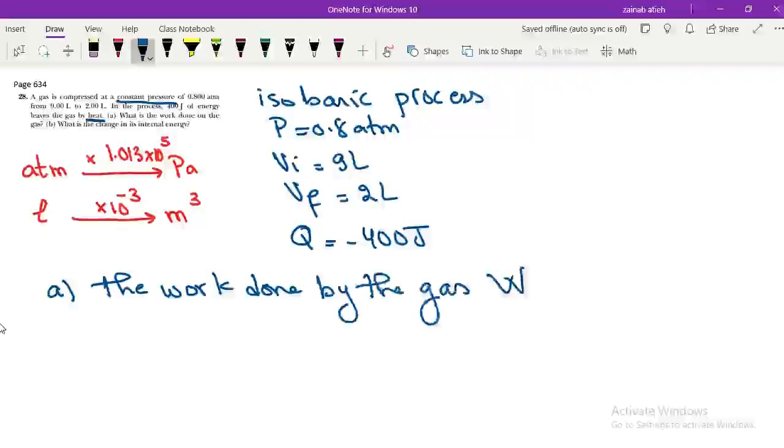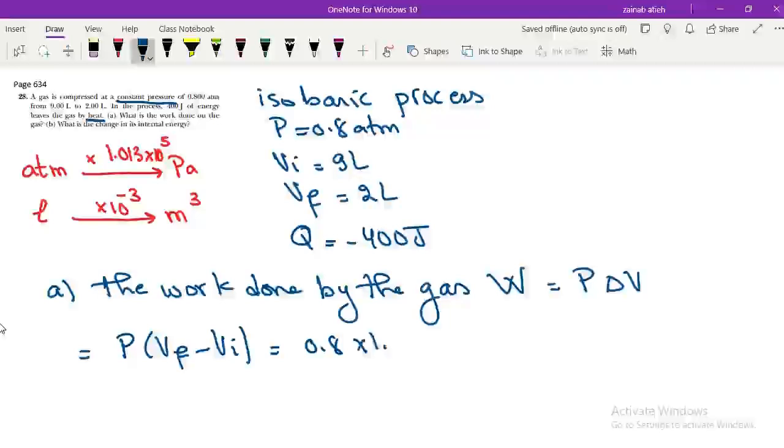W, is equal to, I have an isobaric process, so it's P delta V. I have everything, so it's P times V final minus V initial. It's equal to P, which is 0.8, changed to SI unit, 1.013 times 10 to the power 5, times V final, which is 2, minus V initial, which is 9, times 10 to the power minus 3.